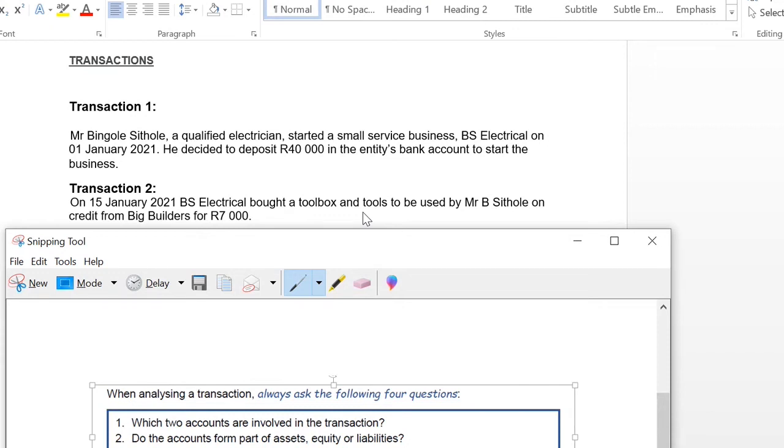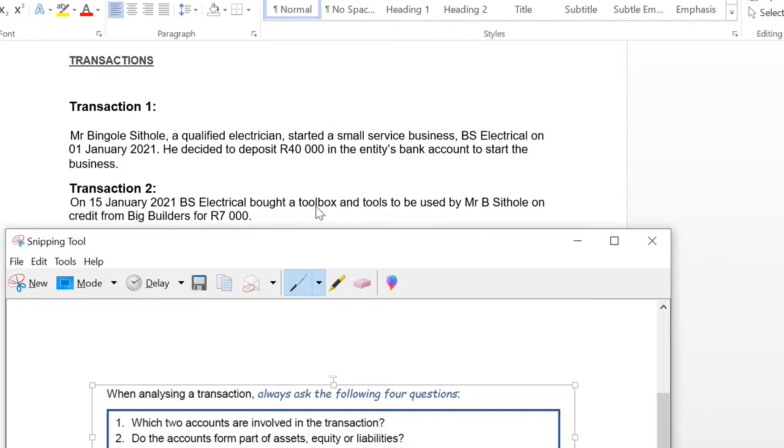And we determine that BS Electrical bought this toolbox on credit. Already here, the scenario is giving you the two accounts.